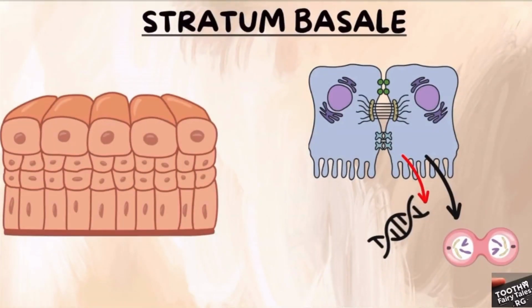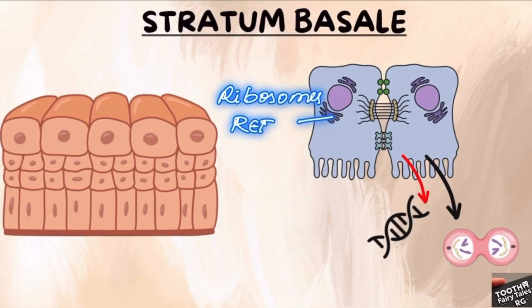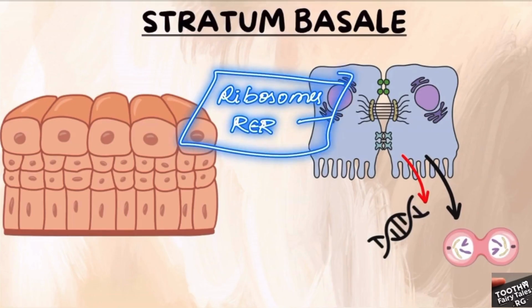So let us study the structure of the basal cell. What are the components of the basal cell? It has ribosomes and rough endoplasmic reticulum. These two organelles are important for protein synthesis.